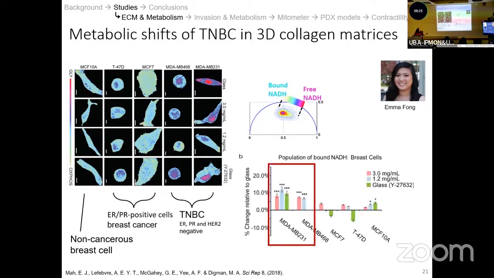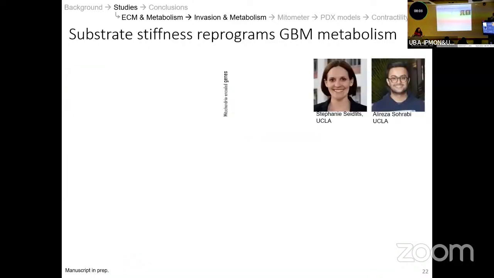All right, so overall, what is this data telling us? If we grow cells on soft matrices, the oxidative population of the metabolic state goes up. So just remember that soft material causes these cells to have more bound NADH, and that means OXPHOS is going up. That's what happens in very aggressive breast cancer cells.